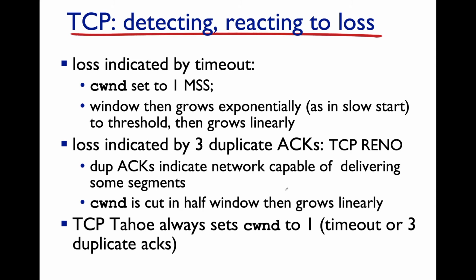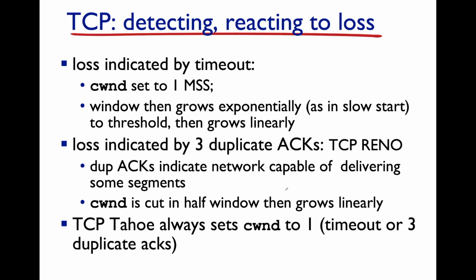So if you have another type of loss event, a triple duplicate ACK, what happens? It means that there was some loss event, but you still got these ACKs in return. So that means there's still some available bandwidth in the network. It's not completely broken.